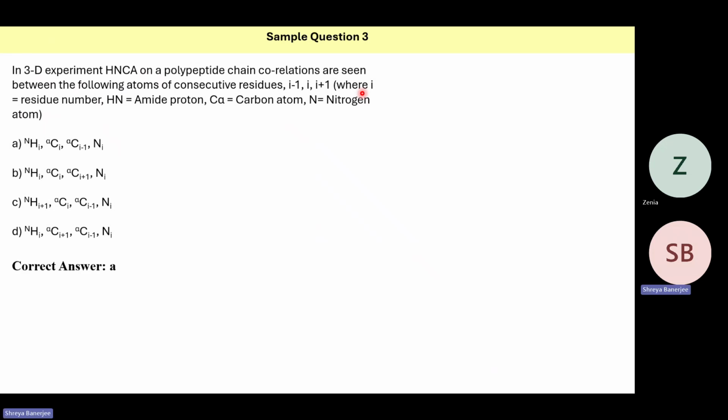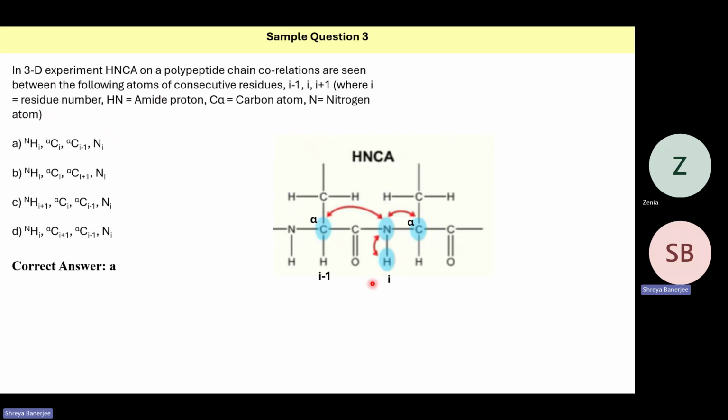So let us look at the HNCA experiment. Here, again, a polypeptide chain is shown. From one H to the next CO is the residue I, and from the previous NH to the CO is the residue I minus 1. In the HNCA experiment, the magnetization starts with the amide hydrogen of the I residue. It is then transferred to the amide nitrogen, and then it goes to the C alpha of the same residue as well as the previous residue.